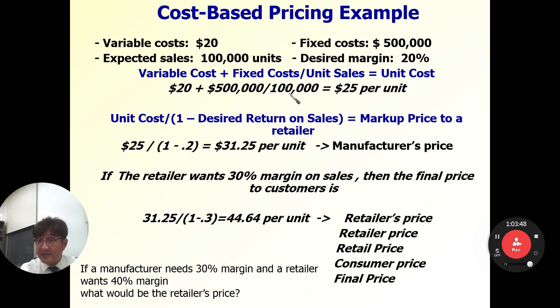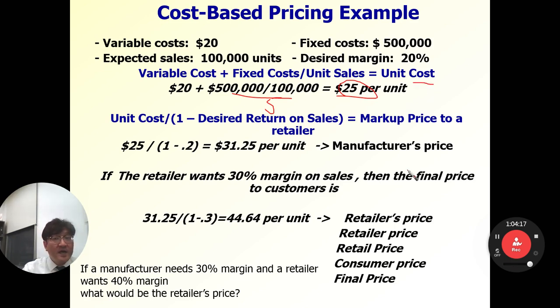We did it, right? Fixed cost per unit actually varies: the fixed cost divided by your unit sales. The fixed cost here is 500,000 divided by 100,000 units, which is $5. So $20 plus $5, $25 per unit, is your unit cost.